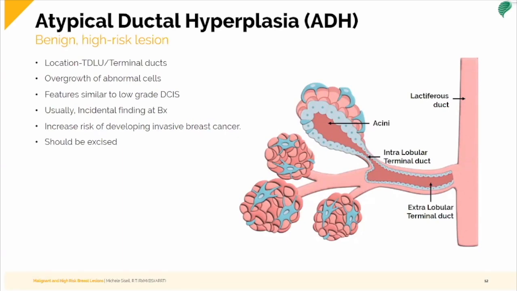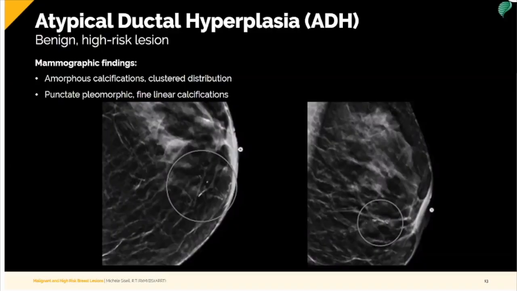ADH has features similar to low-grade DCIS when looking at the cellular components. It is usually an incidental finding when performing a biopsy on another suspicious area. ADH is recommended to be surgically excised because it carries increased risk of developing an invasive breast cancer.